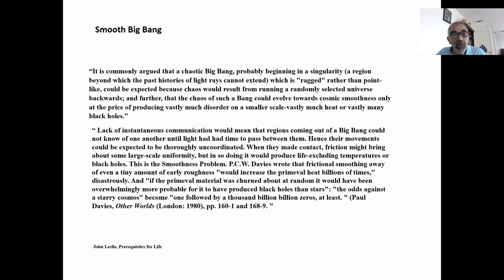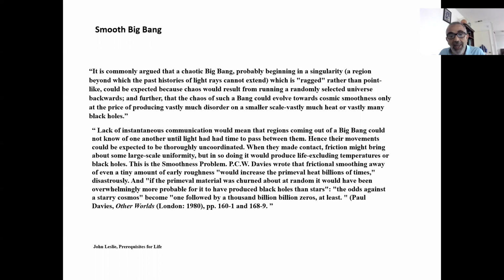The interaction of the rough portions together would be problematic, because the idea is that the different portions of the Big Bang are expanding at such a rate that they do not communicate with each other. They are expanding initially faster than light can travel across them. And so their movements are not coordinated.